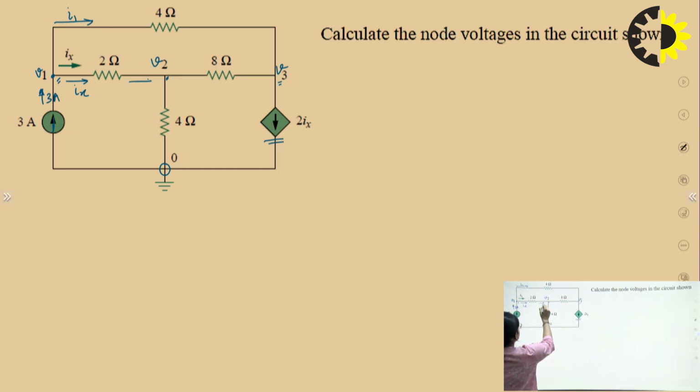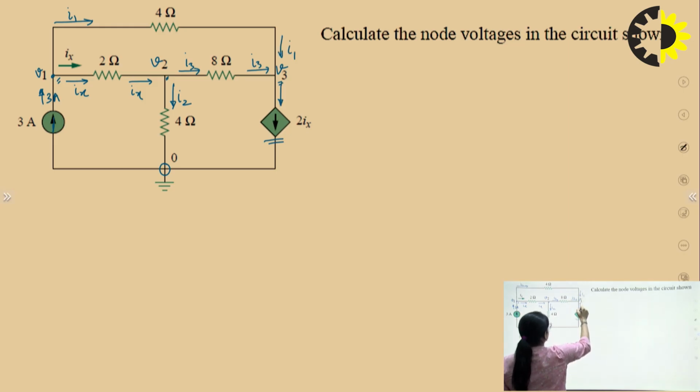So this current is again Ix, say this current is I2 and this current is I3. And now mark all the currents at node 3. This current is I3, this current is I1 and this current is 2Ix. Now apply KCL at all three nodes.